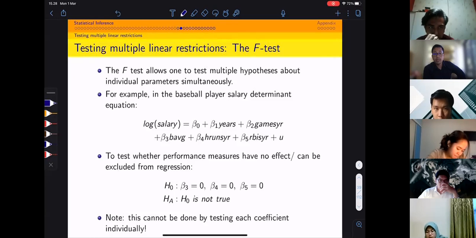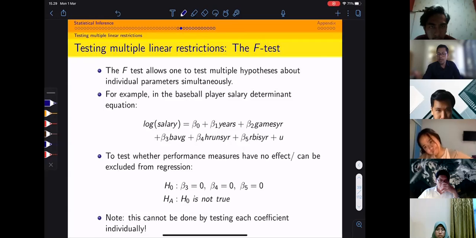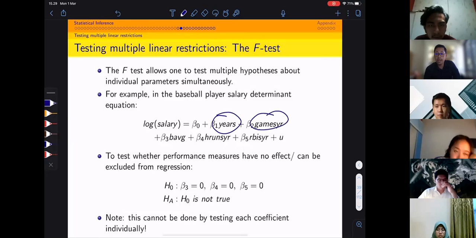This is a case of baseball player salary, which is quite large. There are several variables which determine the salary of a baseball player. The first one is the number of years he played in Major League Baseball, and then the number of games per year. They can play hundreds of games every season.